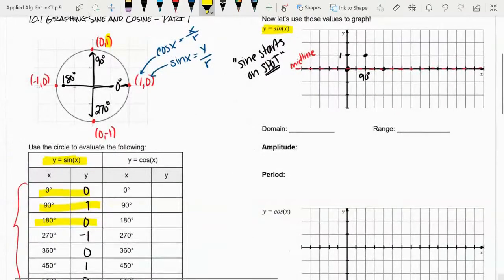All right. At 270, we're at -1. So again, I went every 2, so this would be 270. I'm at -1. And then 360, I'm back to 0. So we have this pattern. I'm going up to the tallest point, our mountain, back to the midline, down to the lowest point, I call it the valley, and then back to the midline.